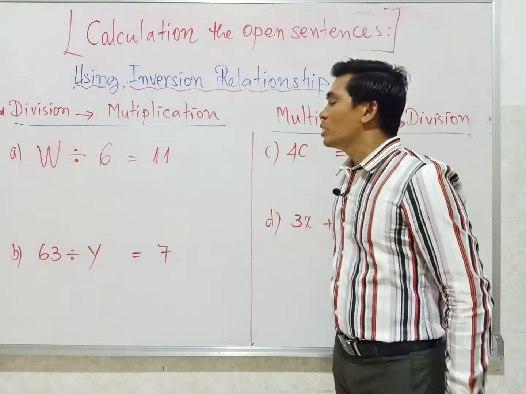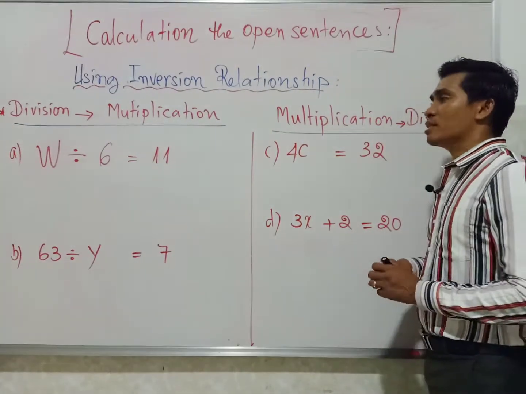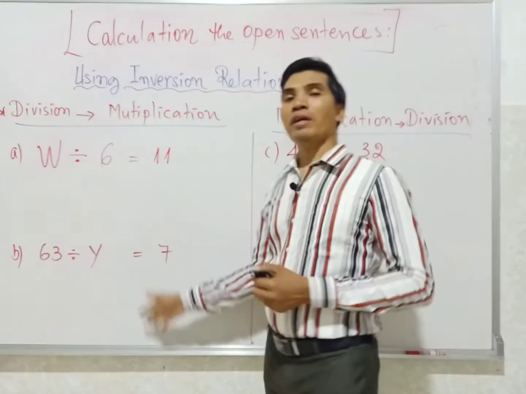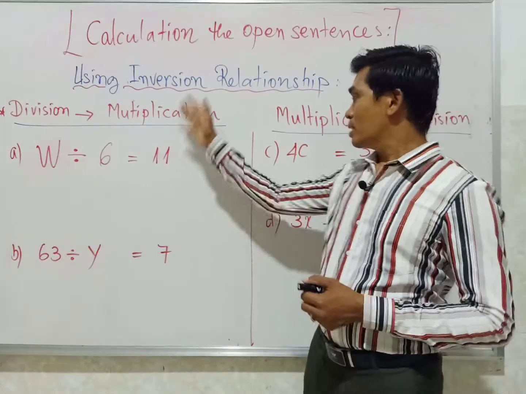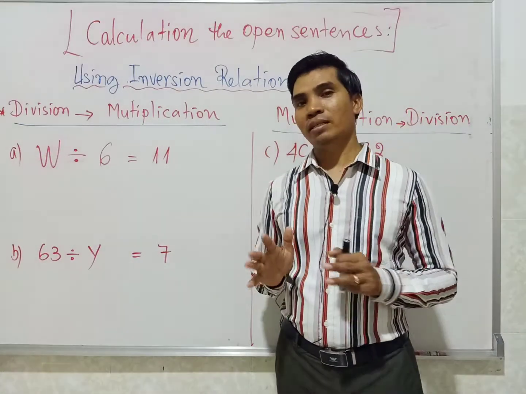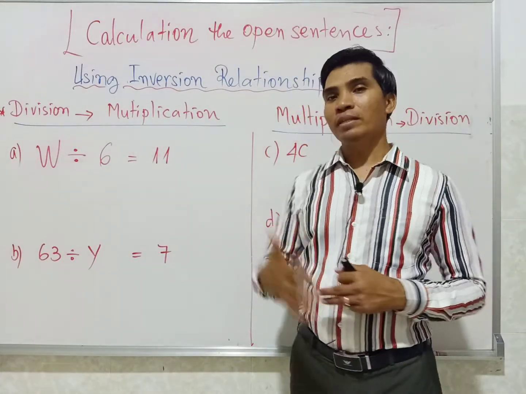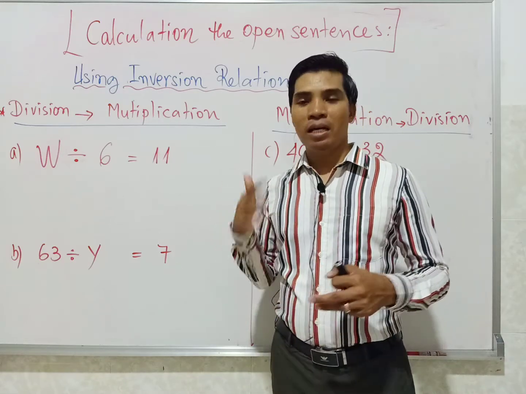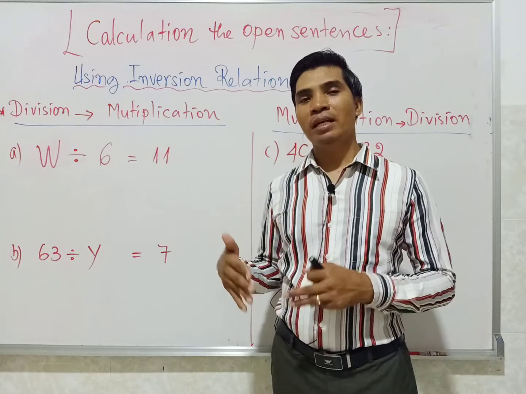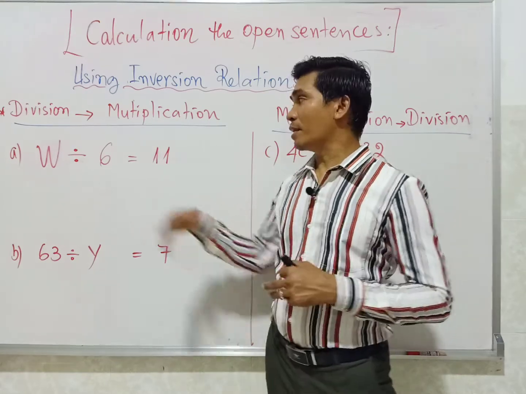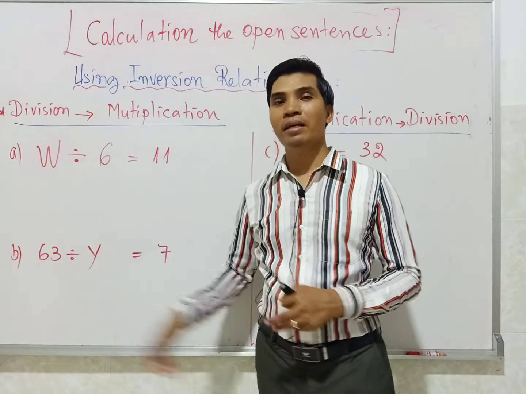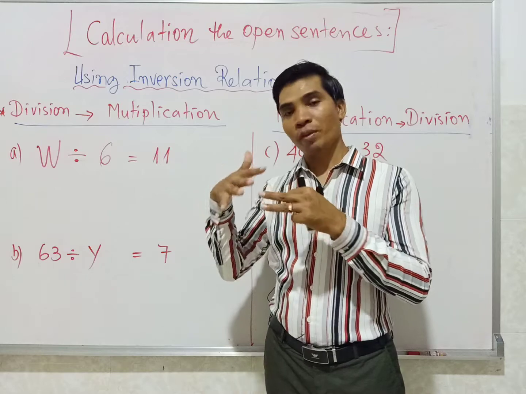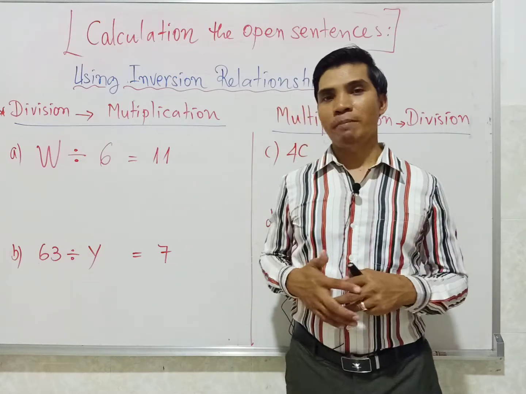Okay. So here I have four exercises: A, B, C, and D. This type of exercise is called an open sentence. An open sentence is an equation with a missing number, and that missing number can be replaced by a letter like this, or sometimes by a drawn box or other shapes.